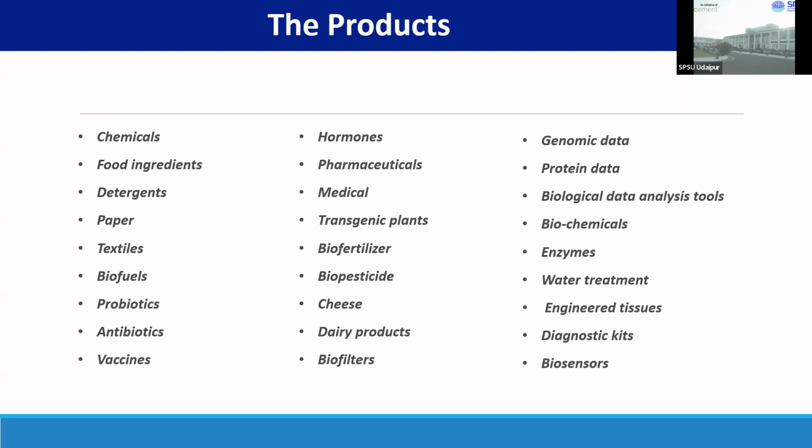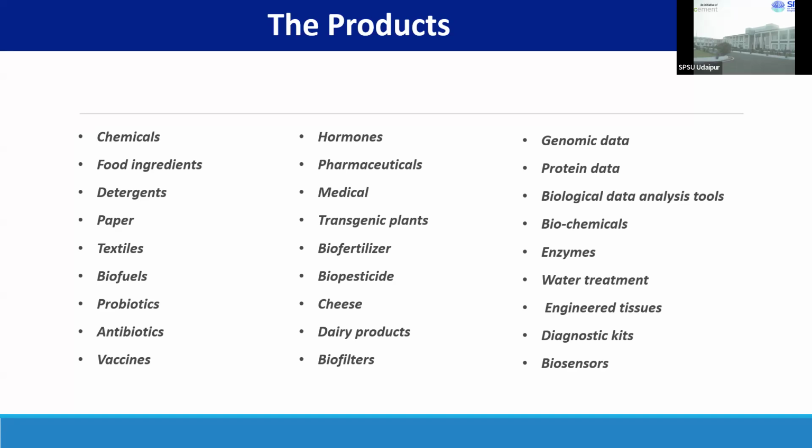So, as a human being, what do we need? We need a lot of things in our day to day life, right? And these are some of the things which are listed here, which are our requirements, some of which are directly required by us, some of which are indirectly required by us.